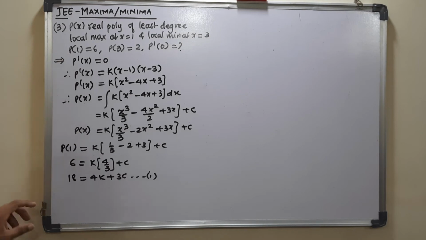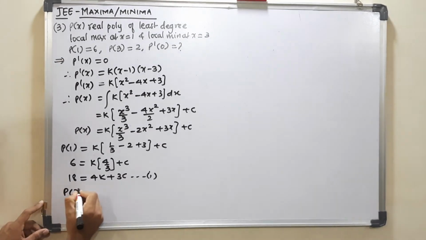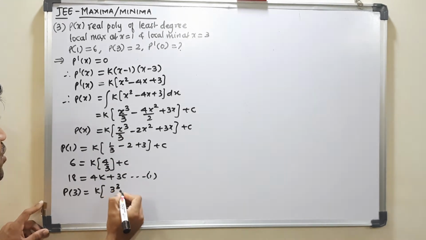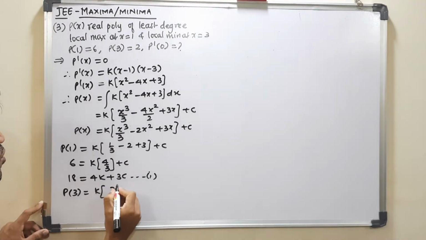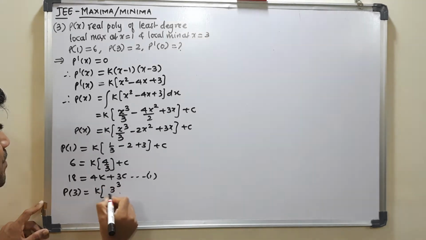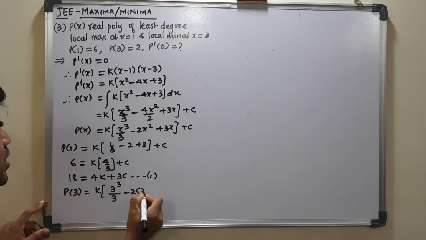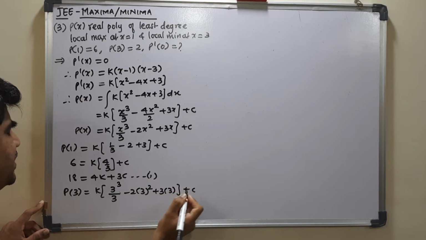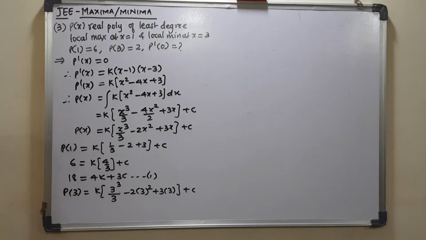And when I take p of 3, p of 3 will become k into 3 cube by 3 minus 2 into 3 square plus 3 into 3 plus c. Agreed?